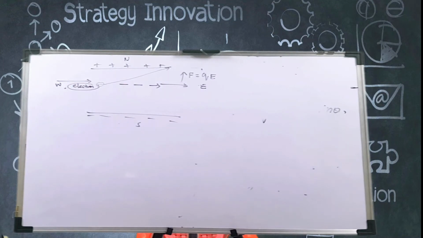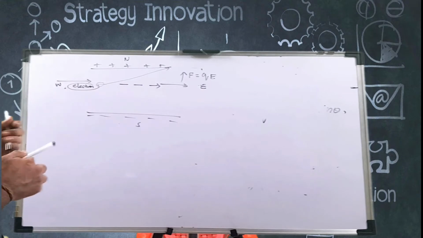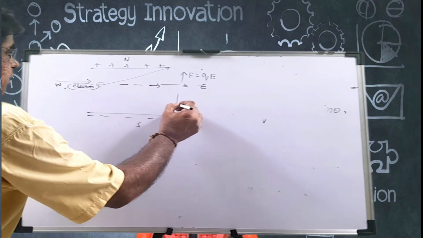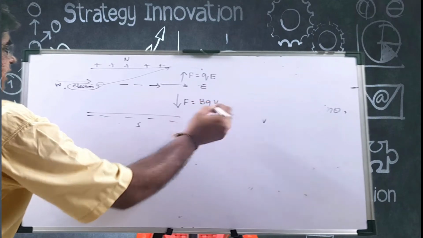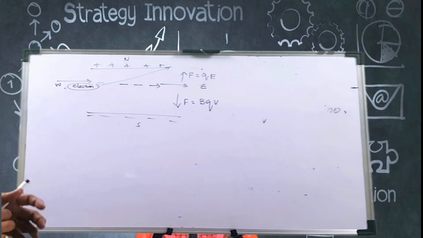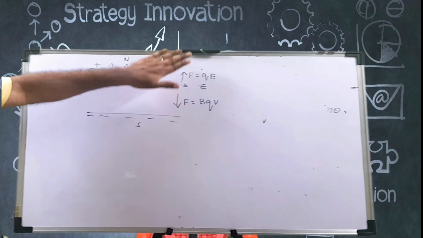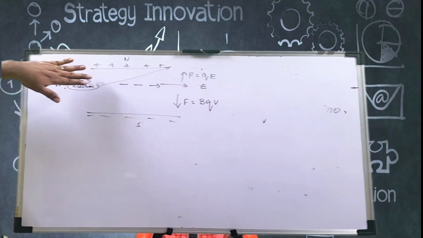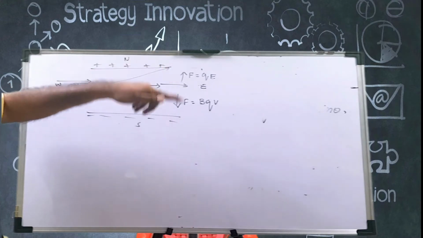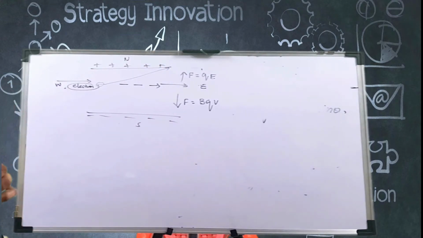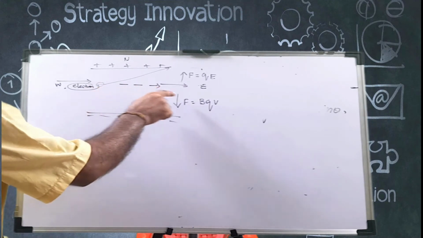Now I have to give a magnetic field, but the magnetic force should act exactly opposite to this. That means the magnetic force is BQv, theta is 90, sine 90 is 1. When this acts in the opposite direction and these two are equal, then automatically the charged particle will go straight. So when the force of the electrical field and the force of the magnetic field are equal and opposite, the charged particle will go undeflected. Now the magnetic force is going to act downward.